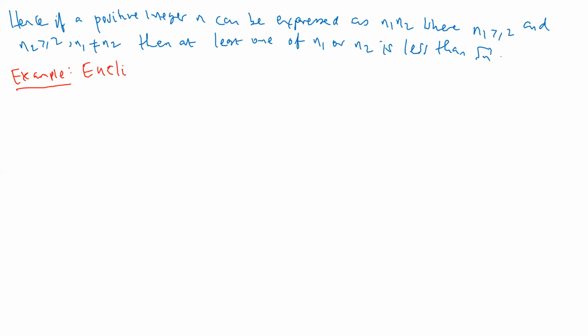Like in school, we know Euclidean geometry. So Euclid's proof by contradiction is that the square root of 2 is irrational.